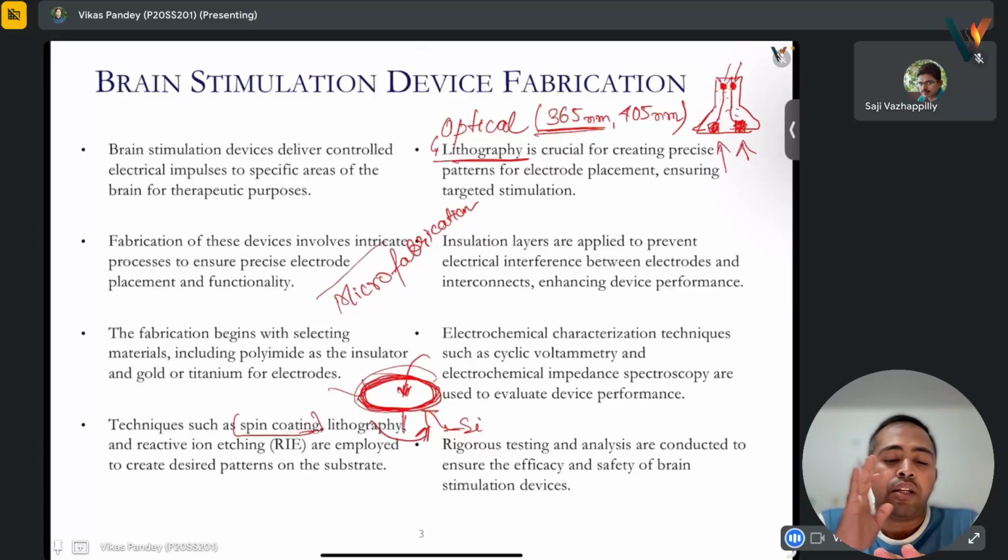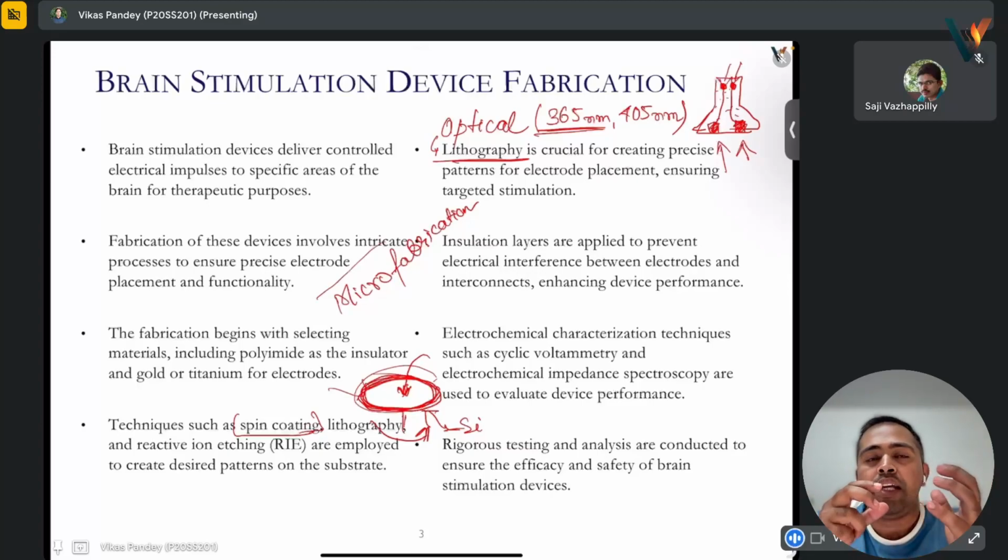It is separated into positive and negative photoresist, so let's assume only one type, positive. Whatever area is exposed to light will become soluble in a specific kind of liquid called developer, and the area that is covered will not be exposed.